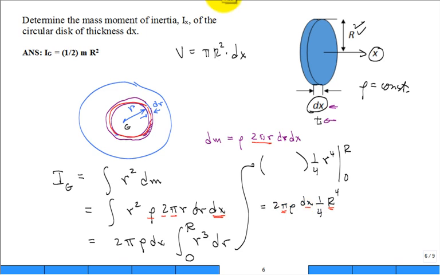And then if I multiply that by rho, that gives me the mass of the disk, rho times V. And so what we're left with is 2 fourths, we have the mass times r squared. 2 fourths is 1/2 m r squared.